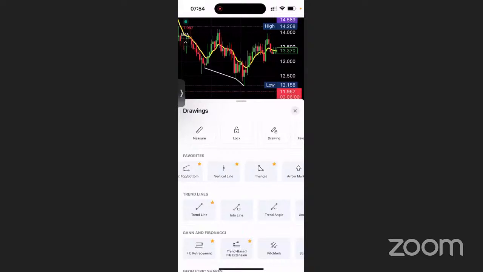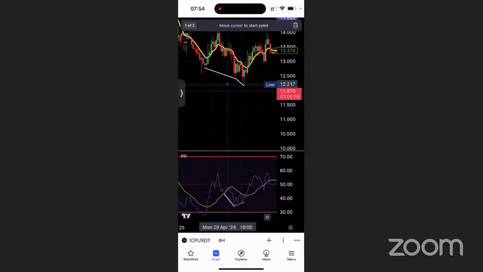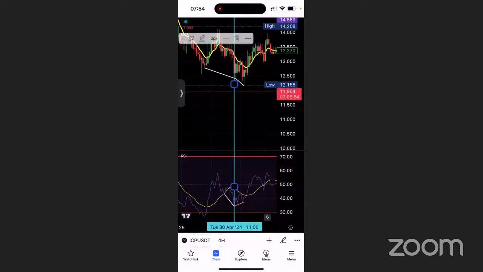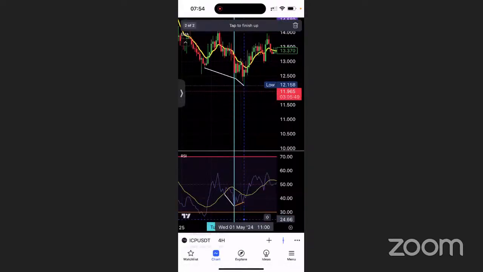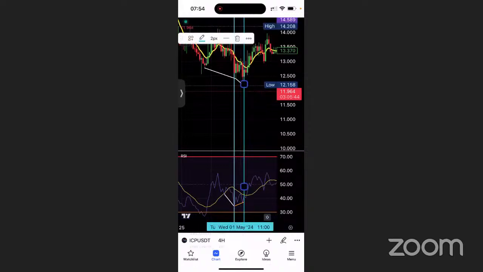Then I pick vertical lines on the area of my divergence so that I could identify my divergence very well. So I've discovered my divergence and I want to make my entry.